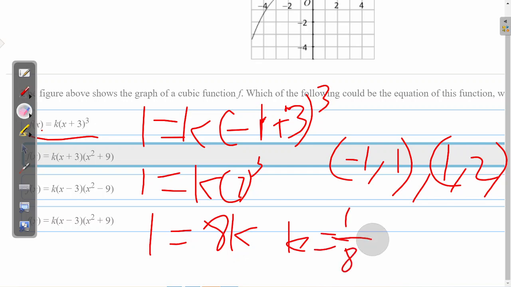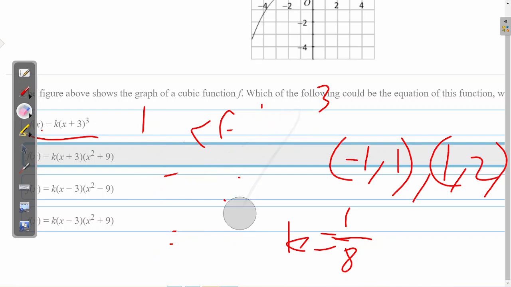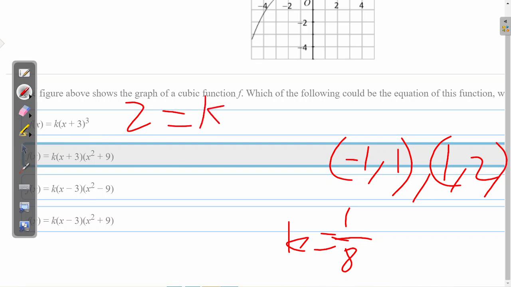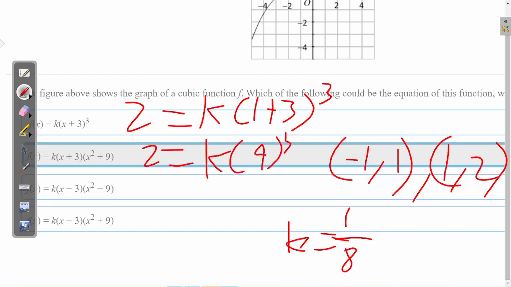Okay, now we substitute with 1, 2. If we get 1 over 8 again, then it should be the answer. Let's see. So 2 equals k(1 plus 3) cubed. 2 equals k times 4 cubed. 4 cubed is 64, so 2 equals 64k.